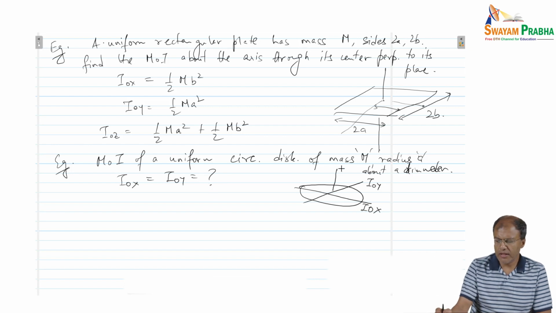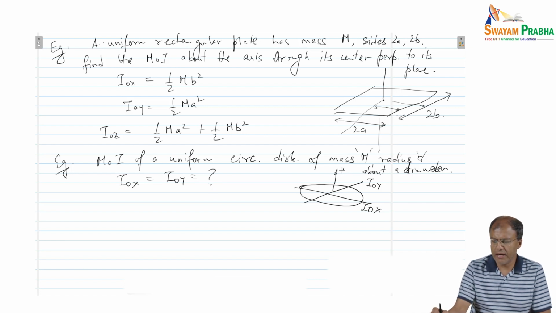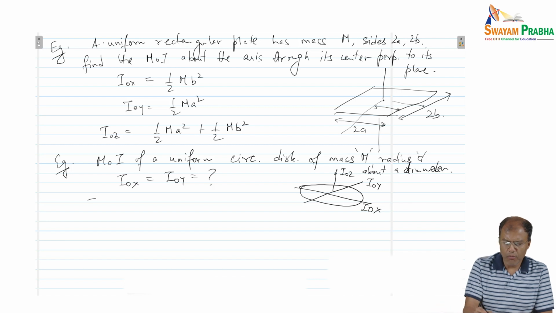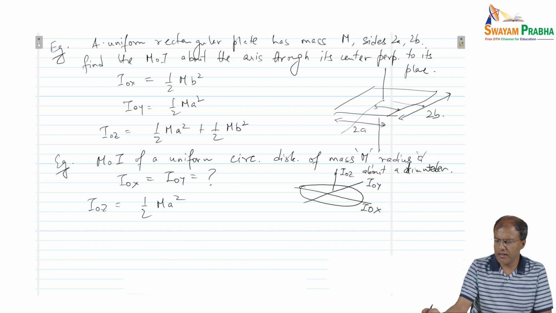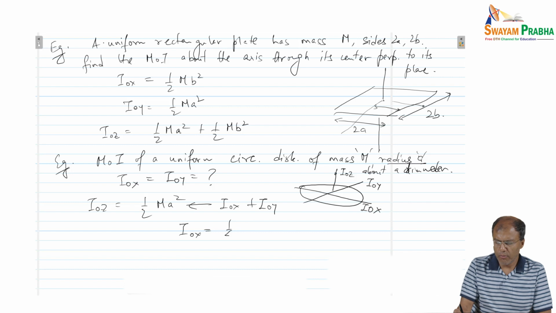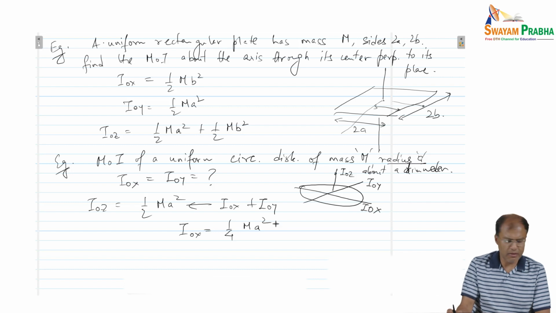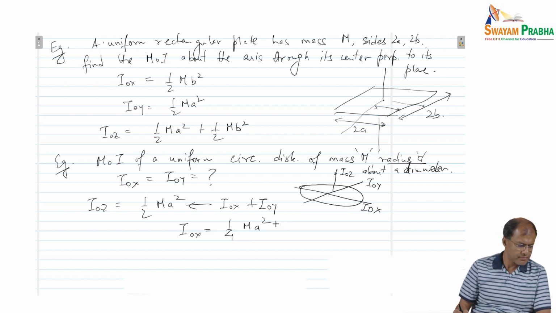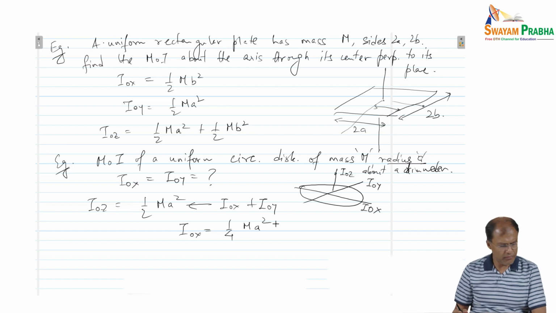But we know that along the perpendicular axis OZ, the moment of inertia of the disc is half MA square, A being the radius of the disc. So this is also equal to OX plus OY by the perpendicular axis theorem, and we get the final answer that about the diameter of the disc, the moment of inertia is 1/4 MA square. Okay, so that is what we have.